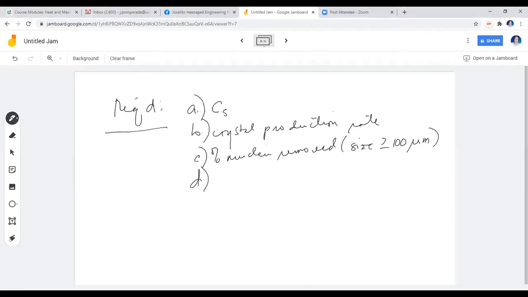If they have not grown to this size, they won't be removed. And then letter D, the liquor flow rate, which passes through a trap, which removes 90% of the original nuclei by the time they have grown to 100 micrometer.